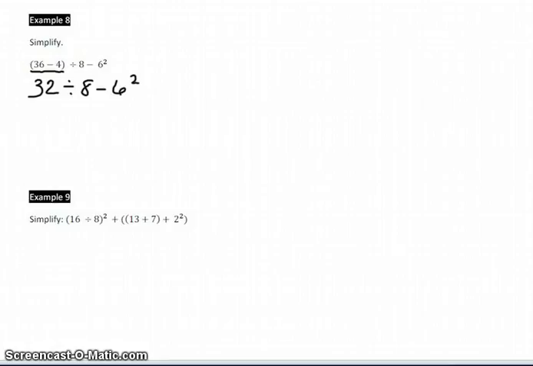Please, we're up to excuse. So that means I need to take care of that exponent. So here I've got 32 divided by 8. I just write it down. Minus 36, 6 times 6. And remember, the negative sign is only affected by that exponent if it's in a parenthesis. In this case it isn't, so it doesn't have any power over that negative.